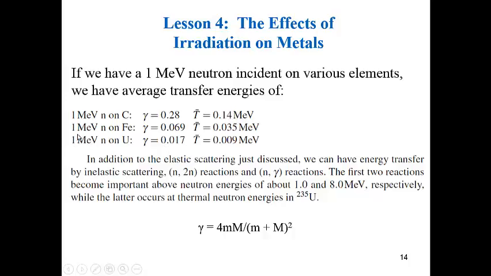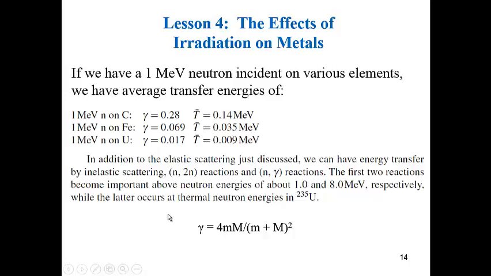A 1 MeV neutron hitting iron is going to transfer less energy, and the average energy transferred, because this is a much heavier atom. And in the case of uranium, the average energy is 0.009 MeV.